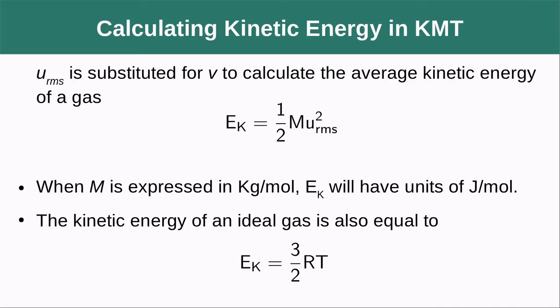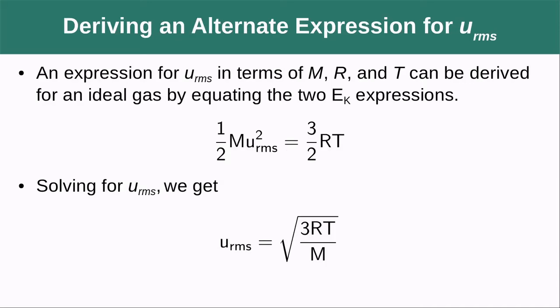The kinetic energy of an ideal gas is also equal to 3/2 RT. We know this from using calculus, but it's just in general a fact. If we set them equal to one another, we will get an equation that we can use for the average velocity, the RMS velocity for an ideal gas.